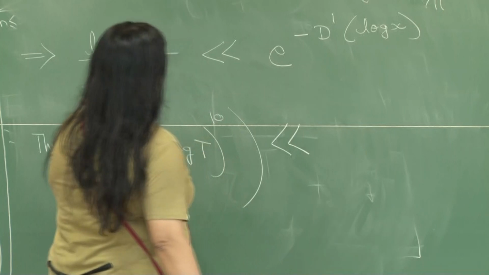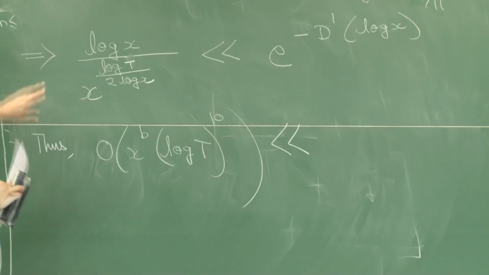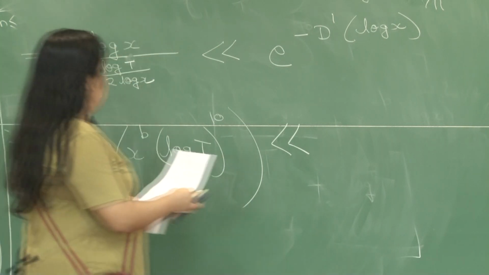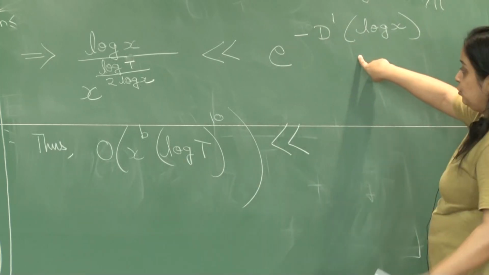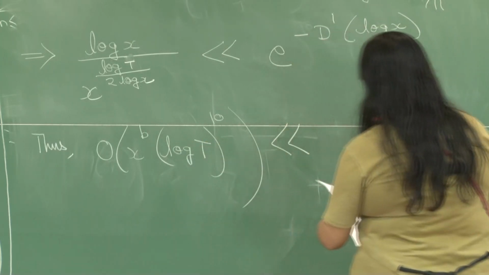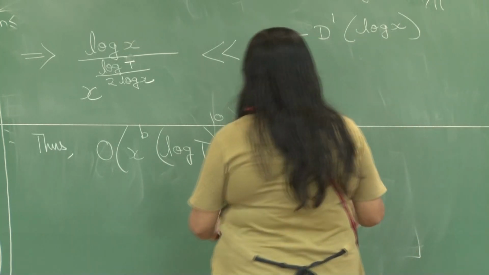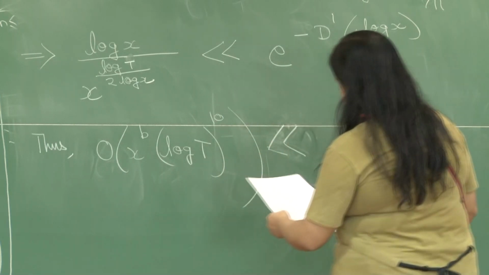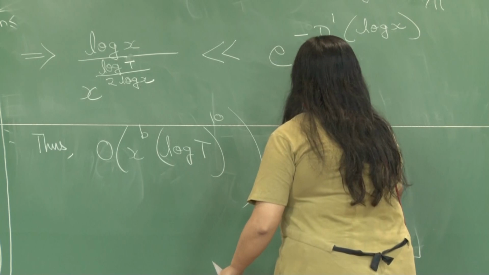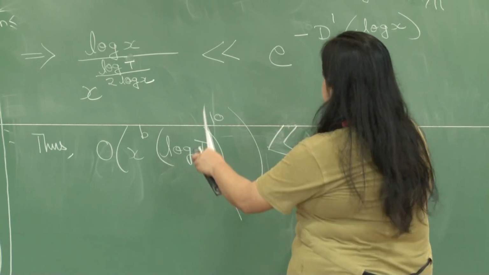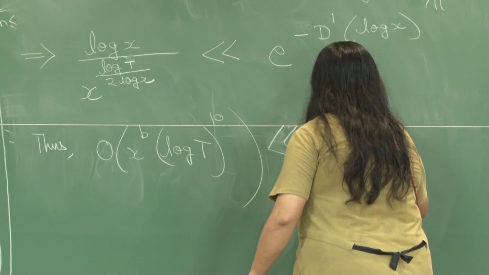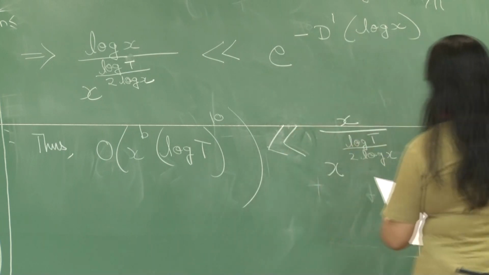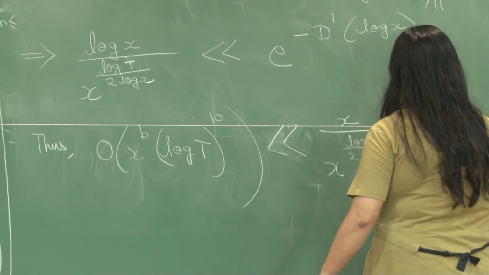So, x to the b over log t raised to the 10 will involve this term, and so what you end up getting from this inequality is that this error term finally turns out to be less than x over x raised to the log t over 2 log x times log x.